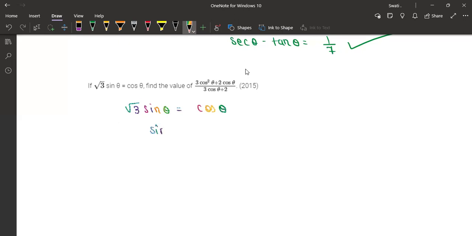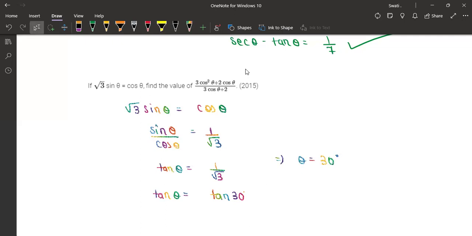From here, can I not just write sine theta upon cos theta is equal to 1 upon root 3, right? And what is sine theta upon cos theta? It is nothing but tan theta by the formula, and 1 upon root 3 as it is. Now you know that for what value of tan, the value is 1 upon root 3: tan 30. So this will become tan 30. And this simply implies, if tan theta is equal to tan alpha, you know that theta will be equal to alpha. That means theta will be equal to 30 degrees.